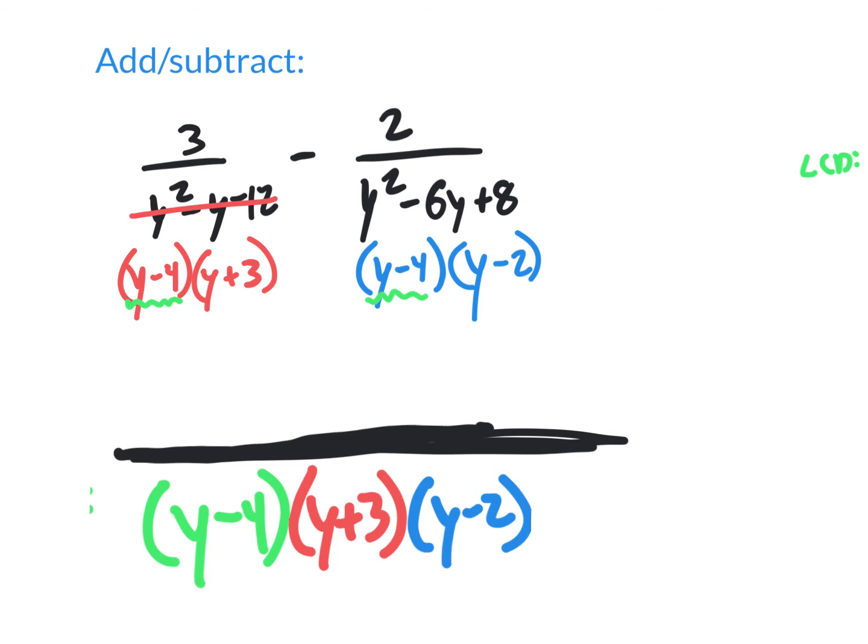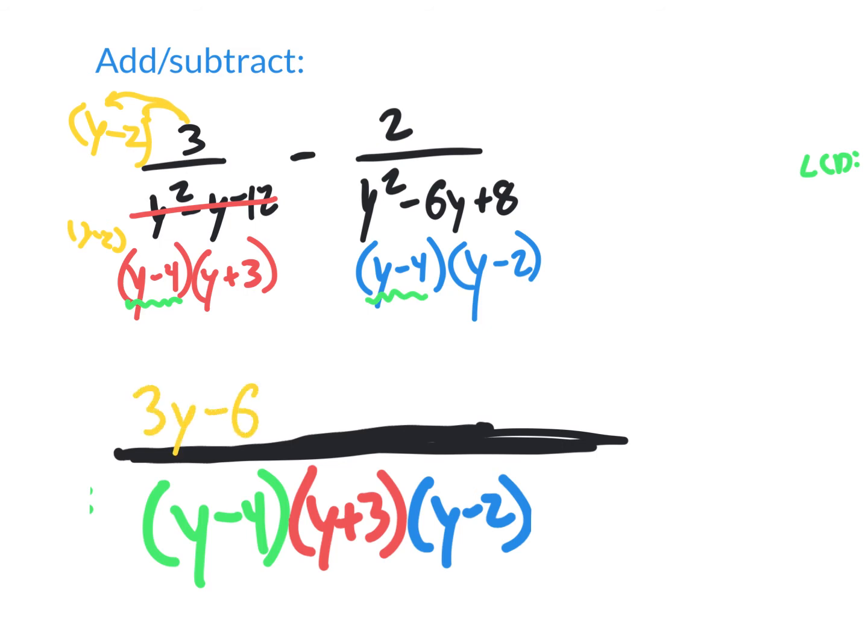Now, what do I mean by that? It's like saying, what do I need to do to this denominator to get this one down here? Well, obviously, it is missing the y minus 2. So I'd have to multiply y minus 2 down here and y minus 2 up here, and that would mean I'd have a 3y minus 6. So you put a 3y minus 6.